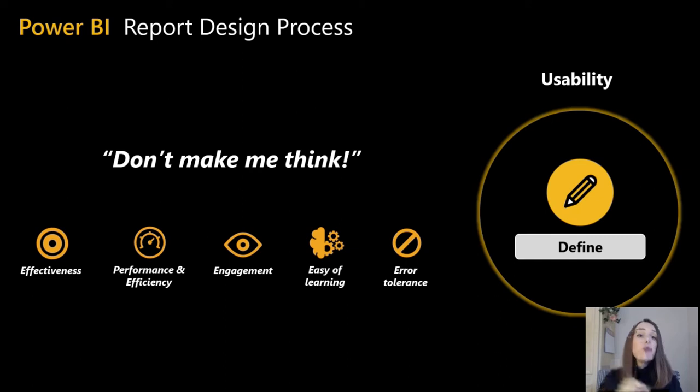It means the report supports a wide range of user interactions and only shows an error in genuine error situations. For example, you have interactions between the visuals. It's not exactly an error, but for me that's a usability mistake if you don't look at the interactions between visuals. Ease of learning, meaning that users quickly learn how to use your report and don't have to relearn how to use it basically every time they open it.